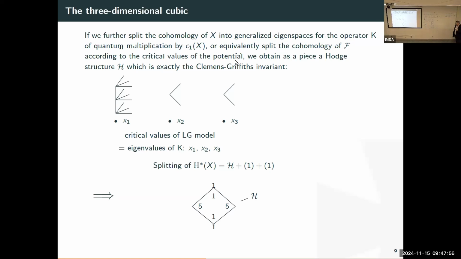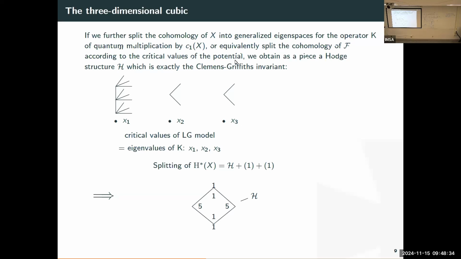And that's the invariant that we want to remember. So over this space of algebraic cycles, we have a fibration of the homology of our variety in different points. It's different, and then this splitting is recorded by this spectral covering that corresponds to the eigenvalues of the quantum multiplication by C1. So now these are the data that we want to remember and claim that they are operational invariants. This is the only thing that you remember from mirror symmetry.